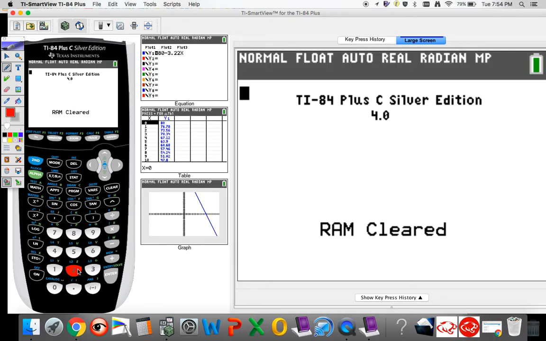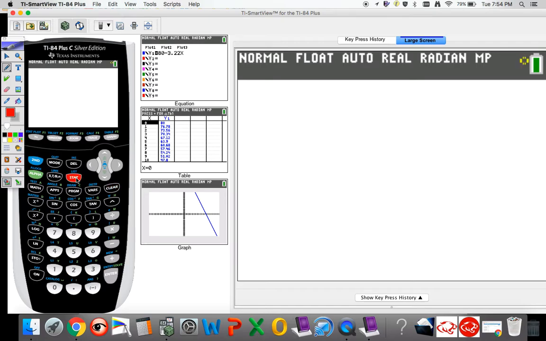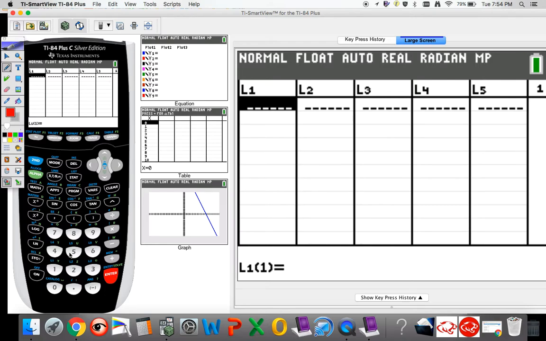That's going to go ahead and clean everything out so that when you go back to stat edit, there should be nothing there. So stat edit. Okay, so L1 was 2025 and 2050. Hit your arrow over. In L2, we have 84 and 87.